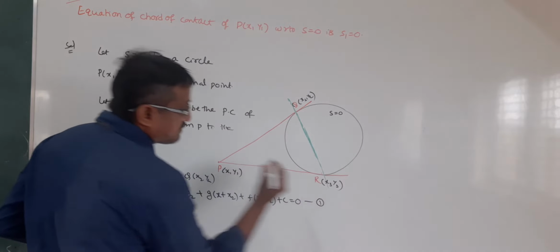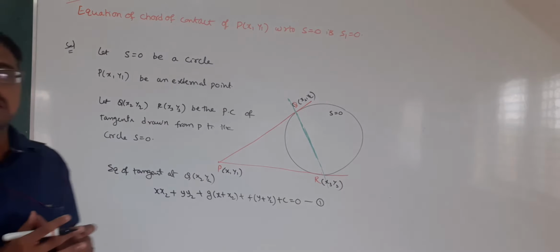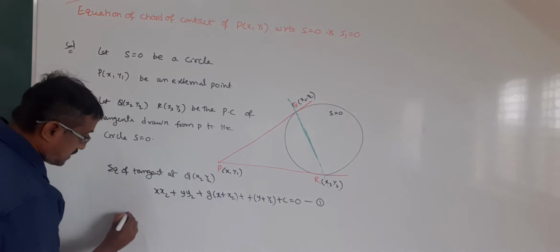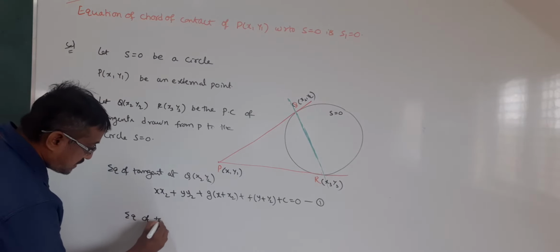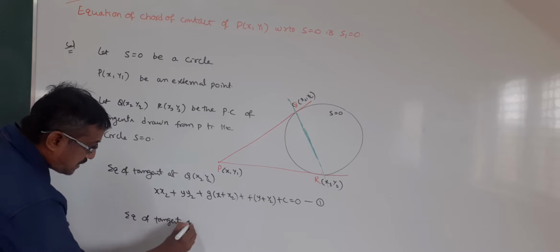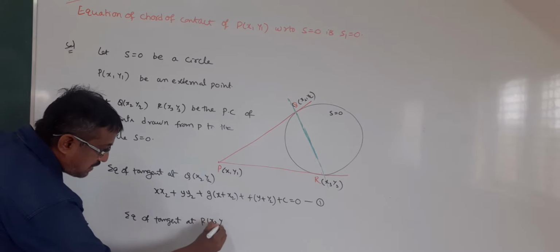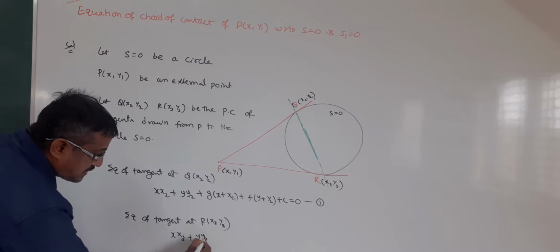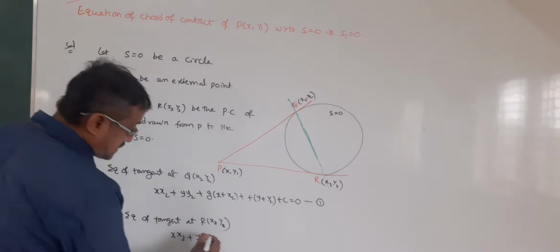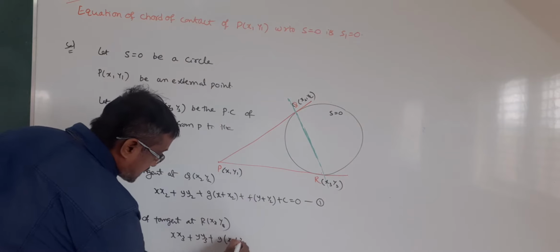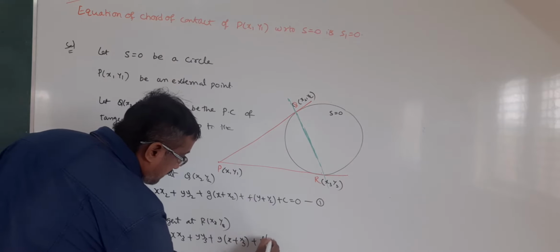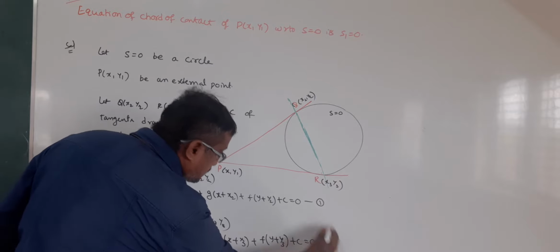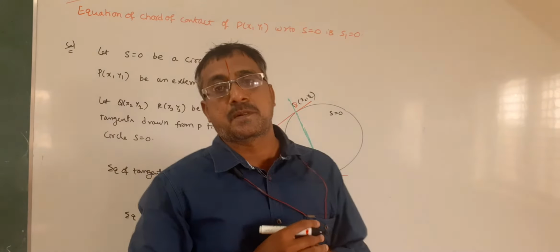Let it be equation 1. And the equation of tangent at R(x3, y3) is xx3 + yy3 + g(x + x3) + f(y + y3) + c = 0. Let it be equation 2.